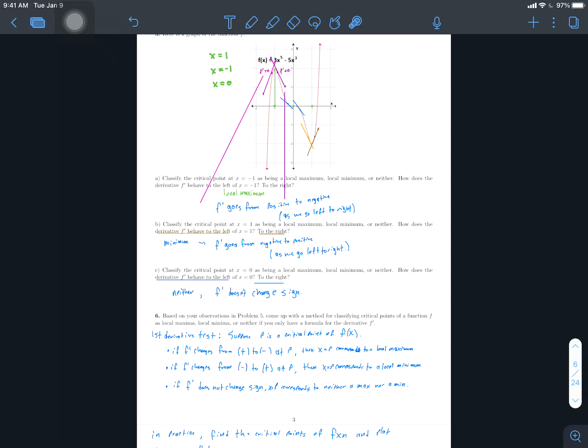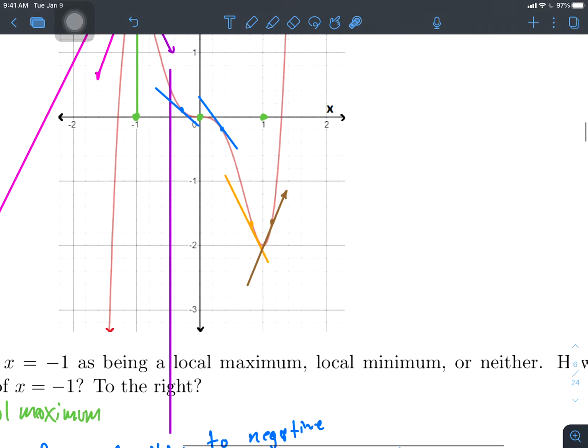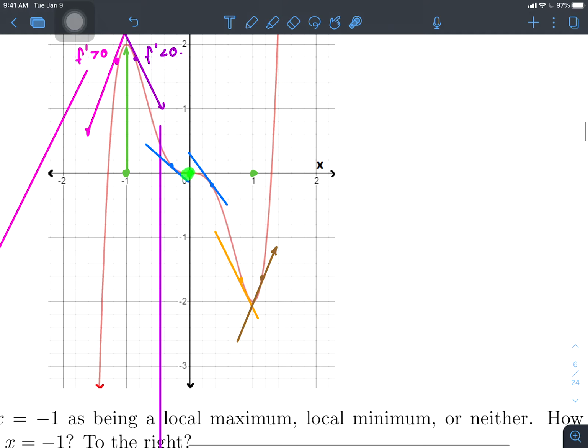Because although the derivative is 0 at this point, let me show you with the, I don't even know what to call this, the laser. Okay, so we have this point here where we see that actually the tangent line's slope will be 0, right? But just because the derivative becomes 0 at this point doesn't mean that we have a minimum or a maximum, because it happens that the derivative kind of bottoms out.